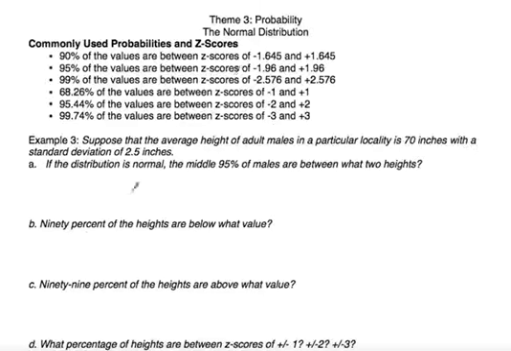So remember that z-scores are just how many standard deviations away you are from the mean. So if you have a mean of 70 inches, you would basically do 70 plus or minus your standard deviation, which is 2.5, times the z-score associated with 95%, which would be 1.96.